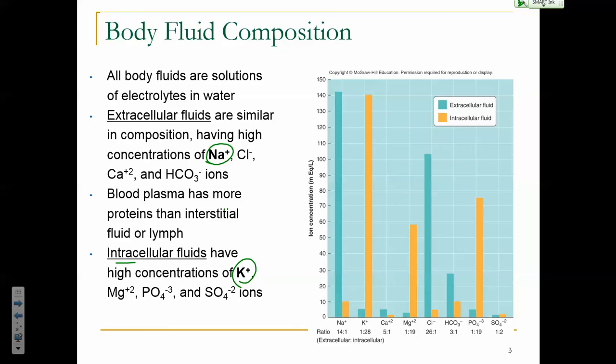But if we look at just sodium and potassium, this is very eye opening. The blue bar represents extracellular. So see how the sodium level is so much higher outside the cell than inside? And the potassium is so much higher inside than outside. Do you see that? That has to do with that sodium potassium pump. It puts it in those concentrations.